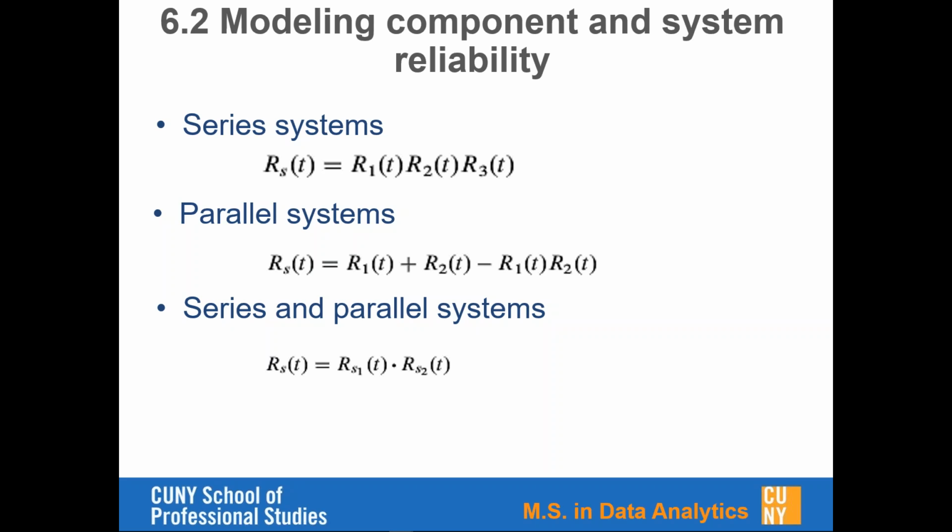So the resistance of the parallel system would be identical to what we saw here for this one, right? The resistance that you have for different resistors, if it's a series system, it would be identical to what we saw earlier as well. And then a combination of series and parallel system can be modeled as the third equation that we saw here.